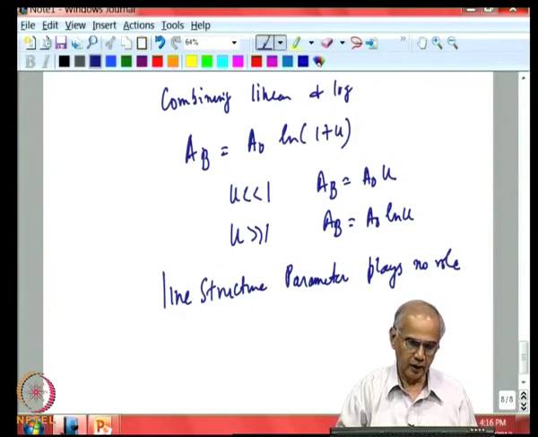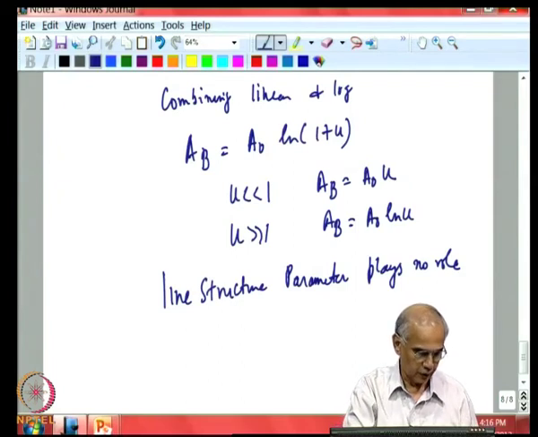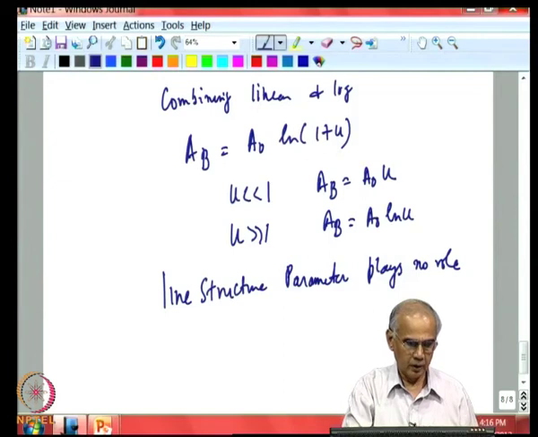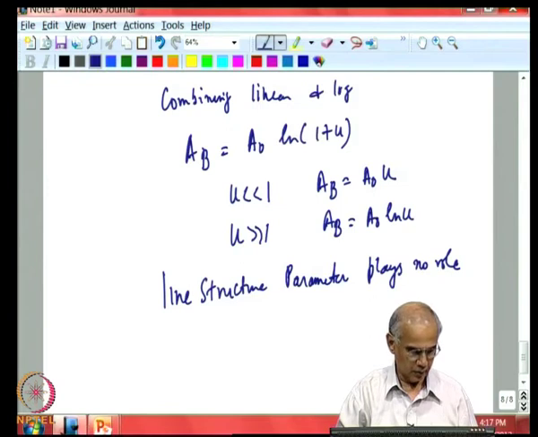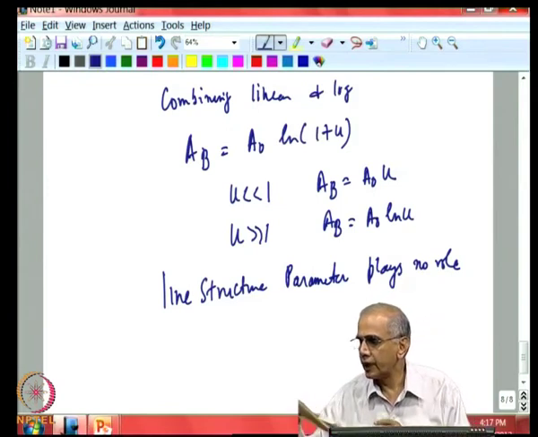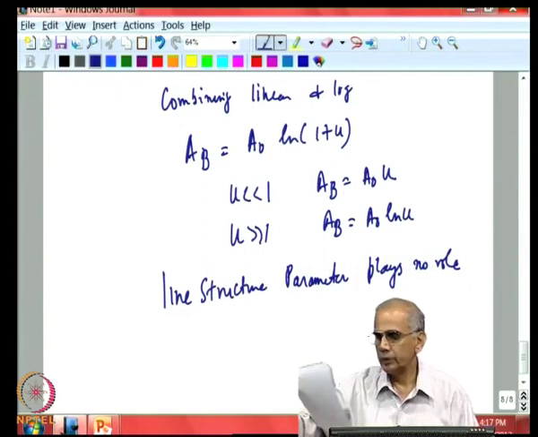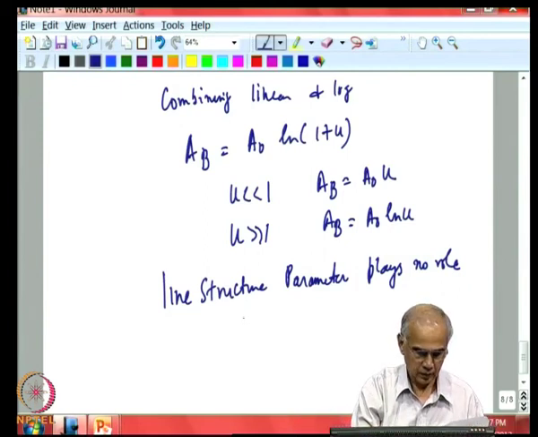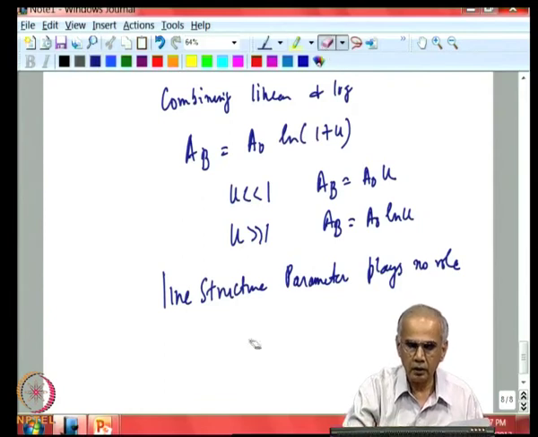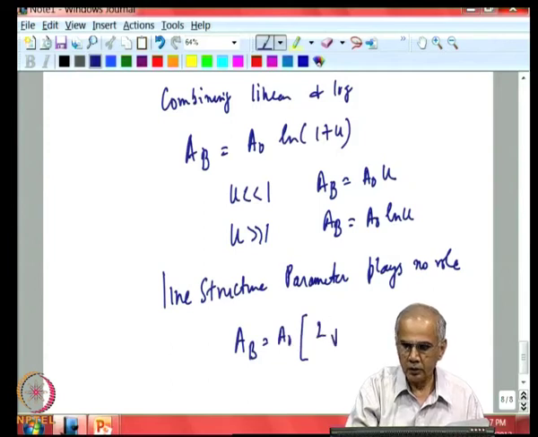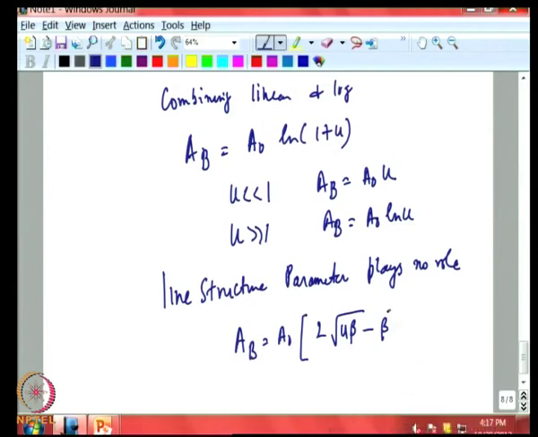There are various complicated models available, but let me just give you a simple expression for A by B which will take into account the line structure parameter. We saw one example of that already. This is different from these, where beta plays no role.